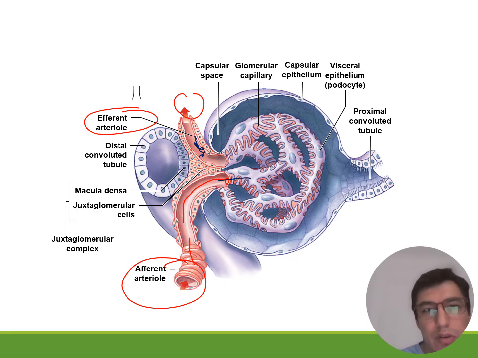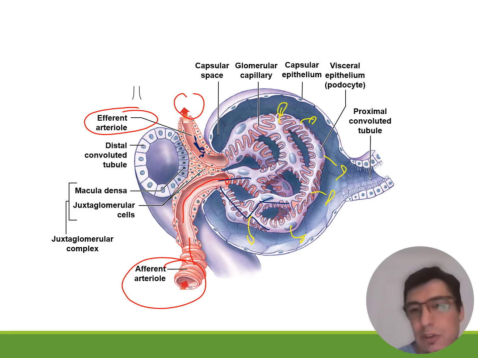So the blood flows through and is somewhat pressurized, and that is going to lead to the filtrate leaving into that capsular space. You don't want to start filtering out or getting rid of red blood cells, and that is why we have a filtration membrane.